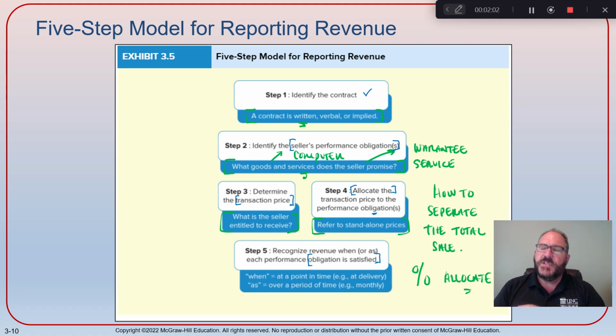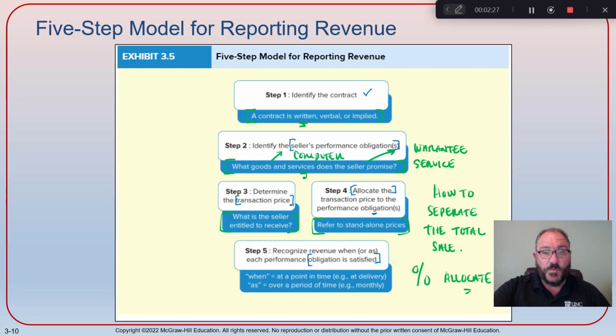So what you have to do is allocate that money. Sometimes it's obvious because they give you the price of each item, and sometimes it's not, and you have to allocate it as kind of a percentage. It's not that difficult to do, but just understand you don't count it as revenue until you've actually earned that portion of the money.